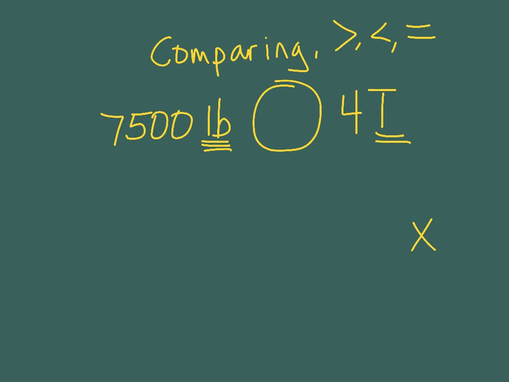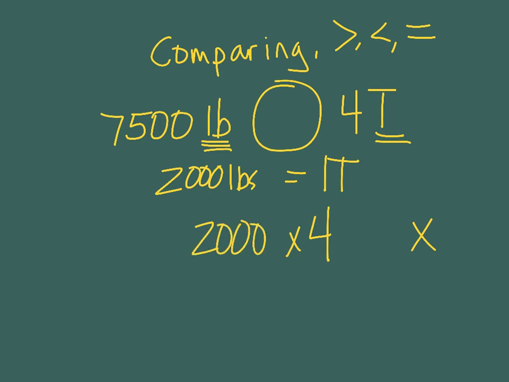So I'm going to choose, remember, in 1 ton, there was 2,000 pounds, right? So we want to multiply 4 times 2,000. I don't know why I wrote that backwards. It looks funny. Anyways, 2,000 times 4. That's going to give me how many pounds? So 4 times 2,000.